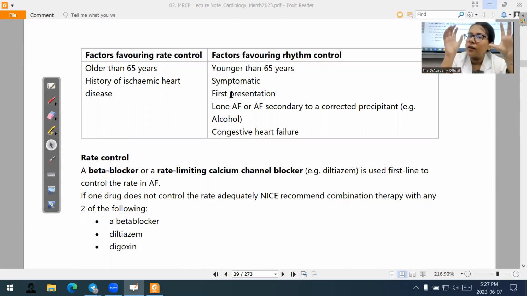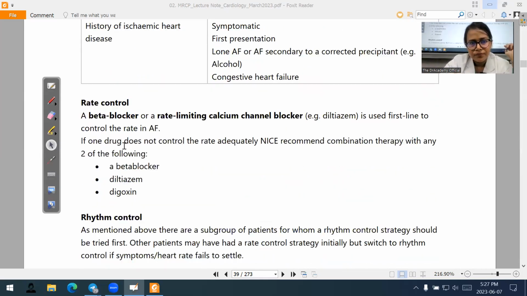And if there is heart failure, congestive cardiac failure, these are the factors favoring rhythm control. You should consider rhythm control strategy no matter at what time period the patient presents with atrial fibrillation. However, if the patient is an aged person, more than 65 years of age, and if there is history of ischemic heart disease, or some cardiologists would debate if there is valvular heart disease, that's when rhythm control strategy is not that important. You should just focus on the rate control strategy.